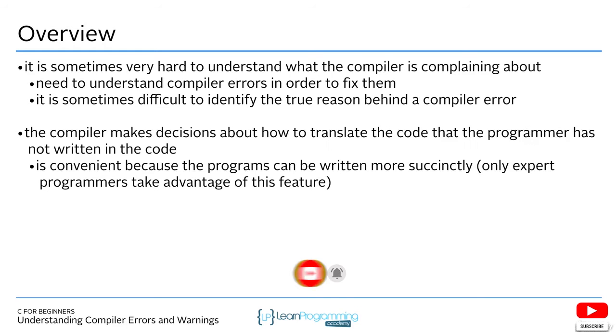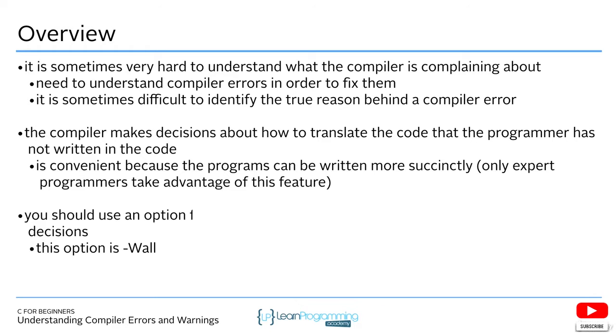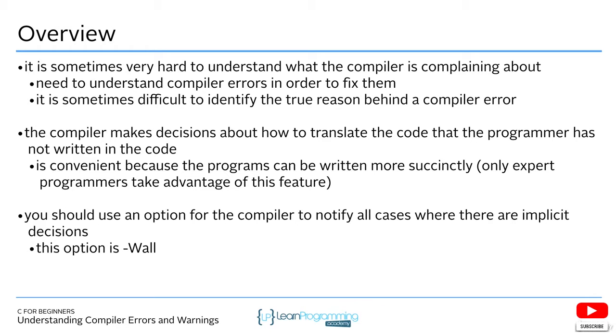The compiler makes decisions about how to translate your code that the programmer has not written in the code. This is convenient for the program and the compiler so that it can be written more succinctly. And only expert programmers take advantage of this feature. So what I'm telling you is when you compile, you should always use the -Wall option.